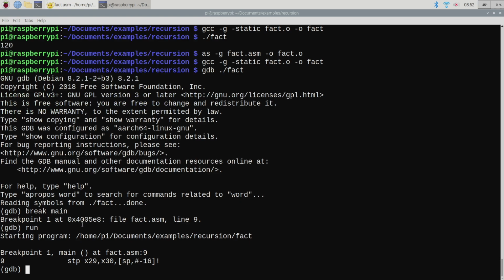So what is the very first line of my program? The store pair, and its line 9 is sitting at what memory address? 5E8. So 5E8 is the starting value of my program counter as I execute the program. And the program counter increments how much each time?